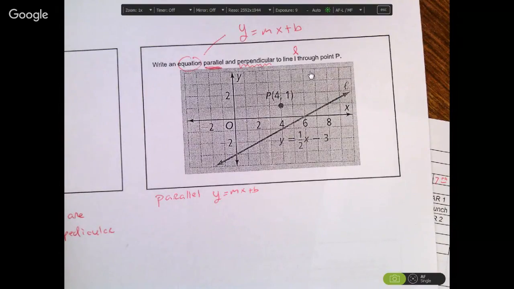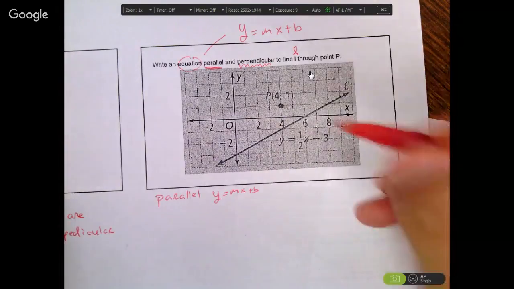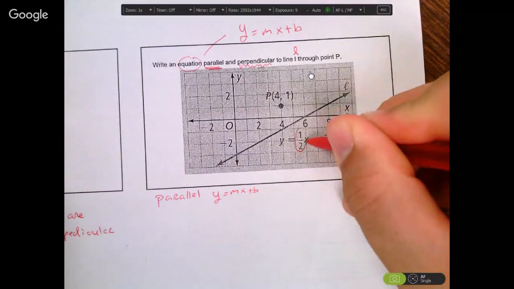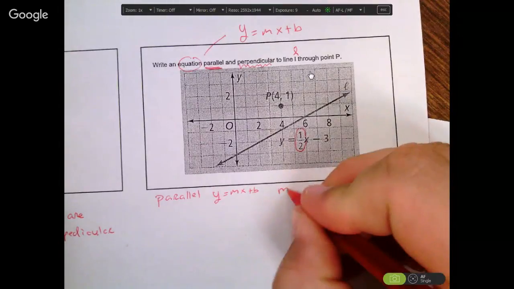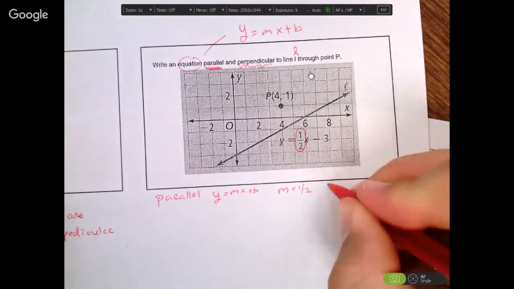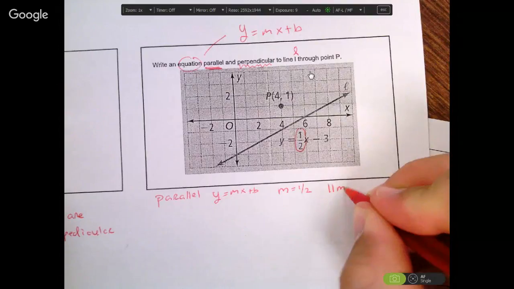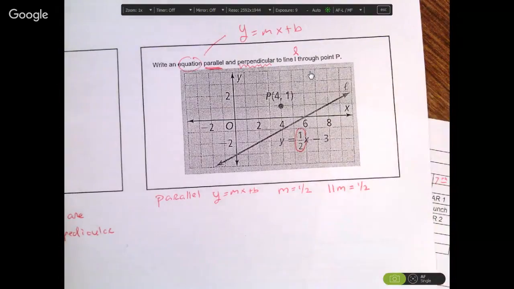Can you stop talking? Okay, so what is our slope? Here's the slope, and we want to be parallel to this. So watch this notation. Tell me what I'm writing. M equals 1/2. What does that mean? The parallel has a slope of.